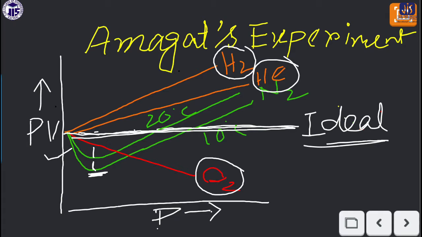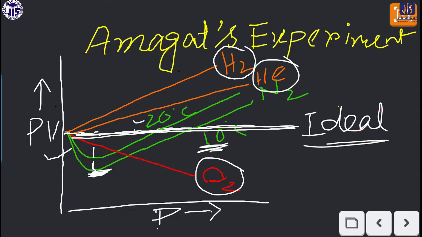More specifically, if you increase the temperature, like from 10 degrees C to 20 degrees C and so on, there will be some temperature where this minima merges with the ideal gas line, or the real gas behaves like an ideal gas.